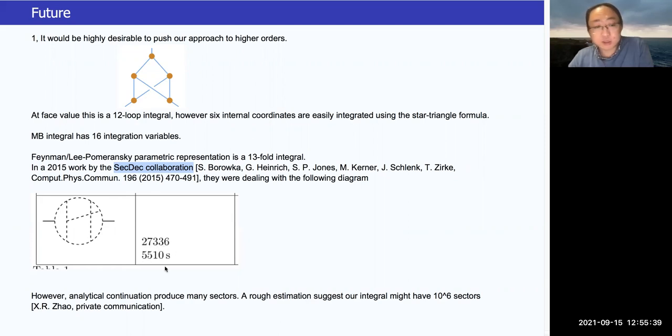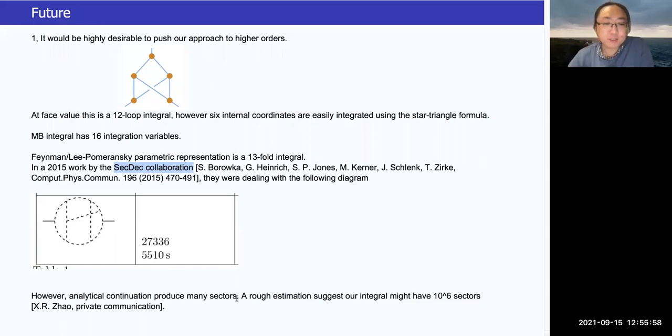It took them 1.5 hours to do this calculation. So I'm including this just to give you a feeling about how difficult it is to include the higher loops. I think we should still be hopeful, be optimistic.